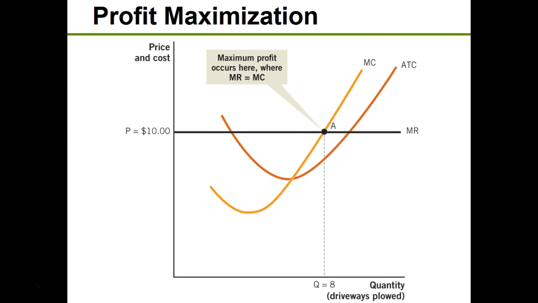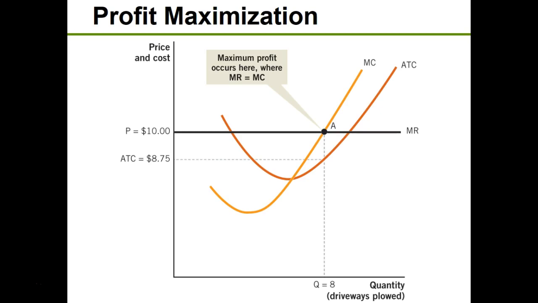Now, in order to calculate profits, we need to find out where average total cost is at a quantity of 8 units, so at our profit maximizing quantity. This will be given to you as a number, so you'll just need to know where to look. In this particular example, we see that at 8 units, average total cost is $8.75. And so we have a little bit of a shortcut here.